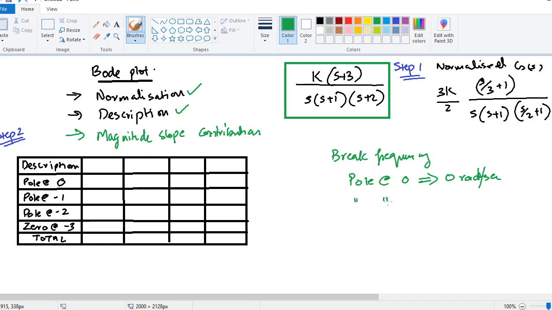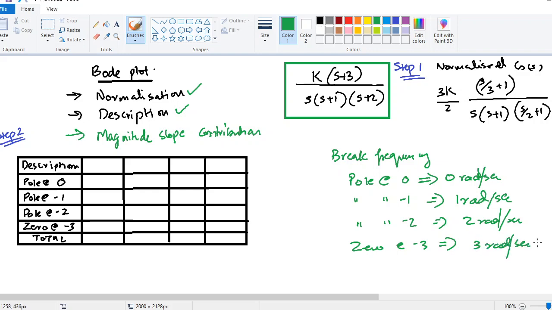For the pole at -1, it is 1 radian per second. For the pole at -2, it is 2 radians per second. And the zero at -3, it is 3 radians per second. So we're going to put that over here.